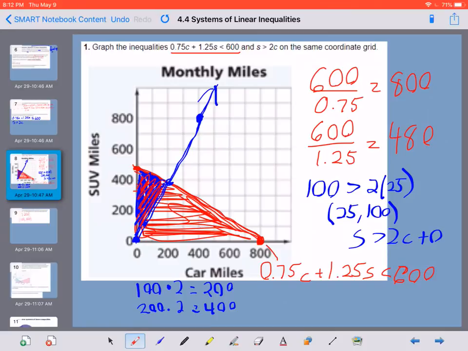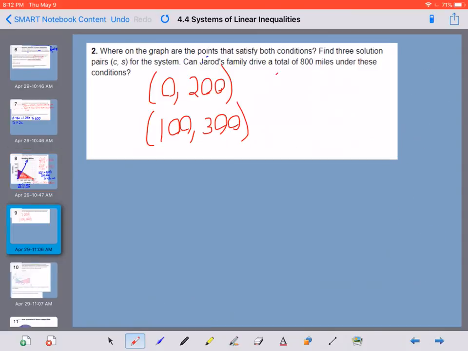And then it looks like maybe we could have 150, 400. So that's 3 points. You guys can come up with your own points if you want to.